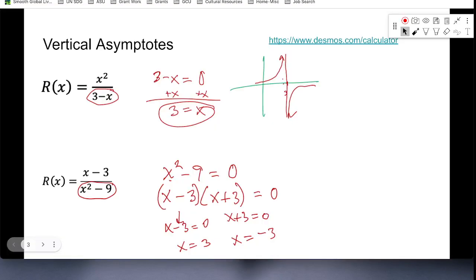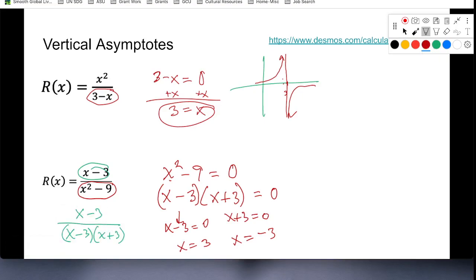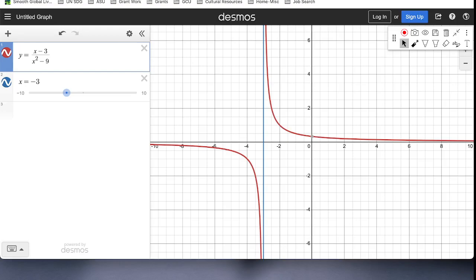And why did that happen? Well, some of you might have noticed as we were going along that we have a numerator here of x minus 3. So wouldn't this x minus 3 over x minus 3 times x plus 3, wouldn't we get this to cancel out? And you're right. And then we get 1 over x plus 3. If you graph this, you'll see it really is the same thing as what we have here, except it won't have a hole there.